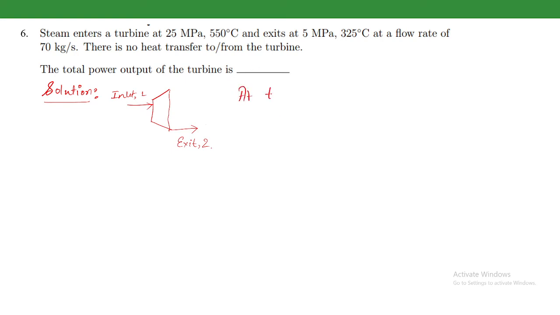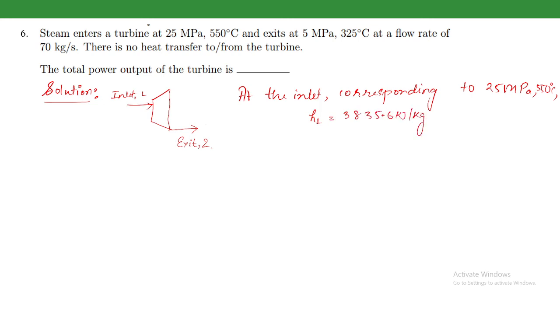This is also pretty straightforward. At the inlet, corresponding to 25 megapascal and 550 degrees Celsius, the enthalpy is 3835.6 kilojoule per kg, and S1 equals 6.1765 kilojoule per kg Kelvin.